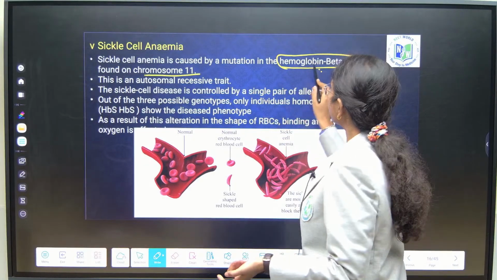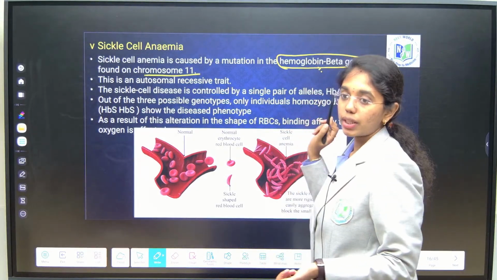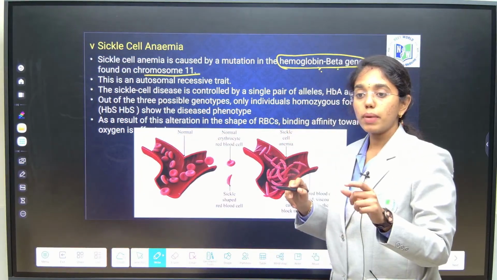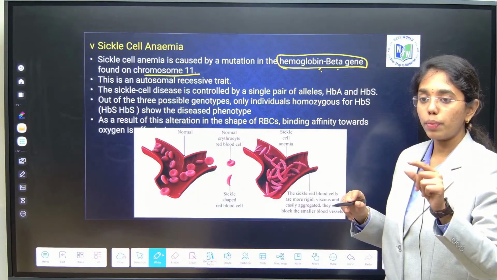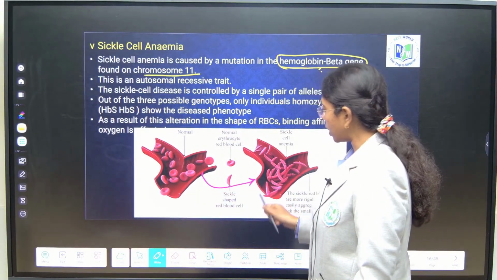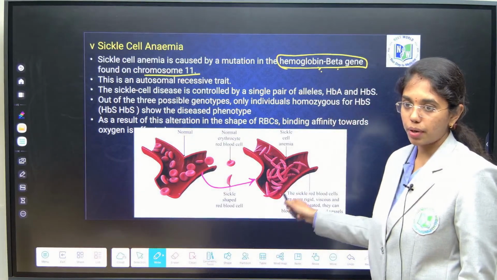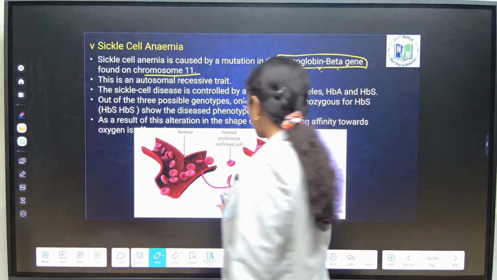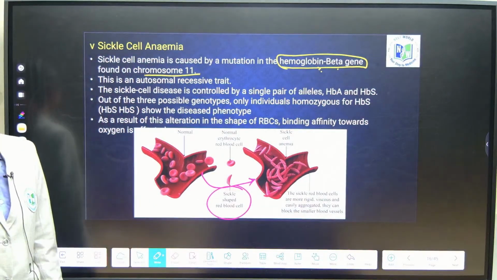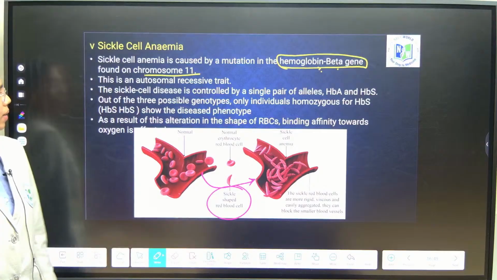Because of this one gene, hemoglobin beta, the shape of the red blood cell turns from round biconcave to sickle shaped RBC.